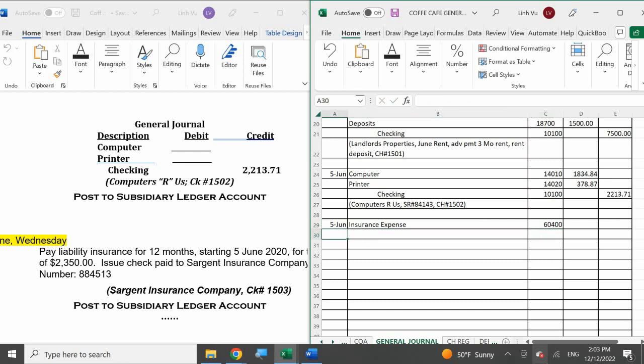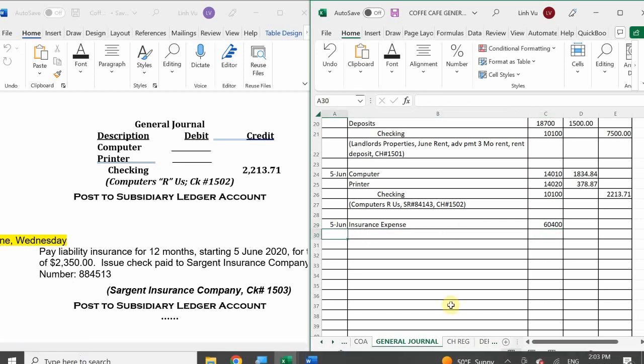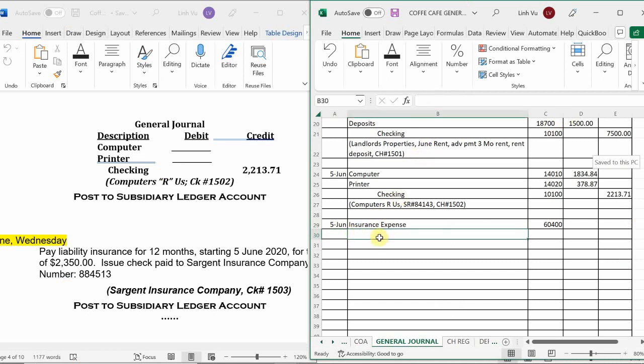Now, in this case, we also acquired another asset, right? An intangible asset, because can you actually touch insurance? No. But we do have ownership over the next 11 months, right?